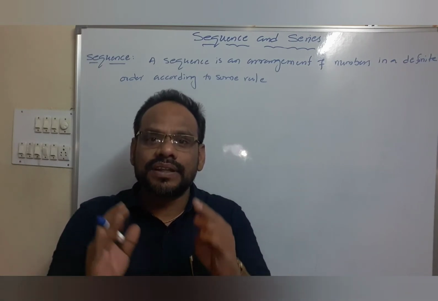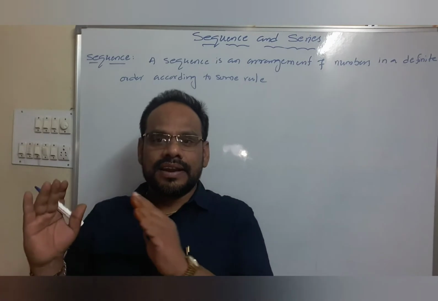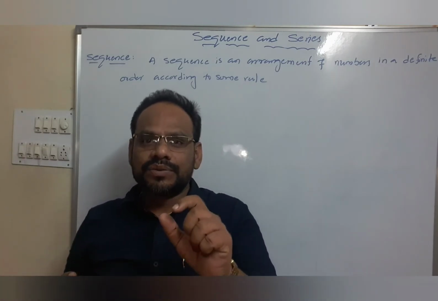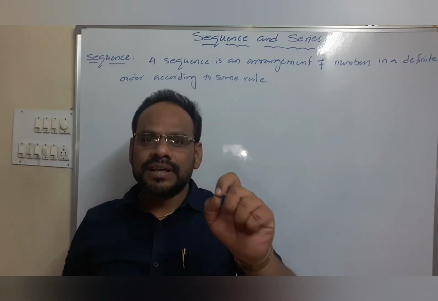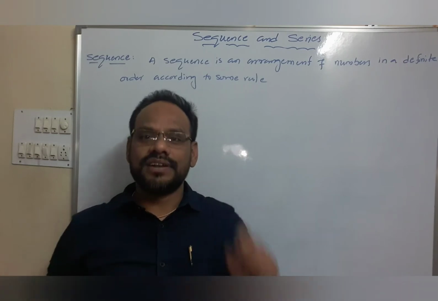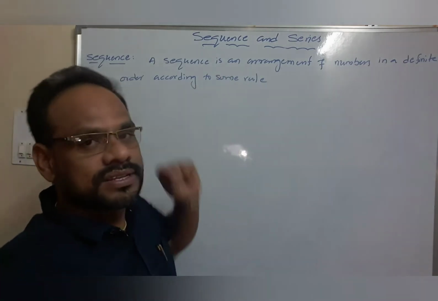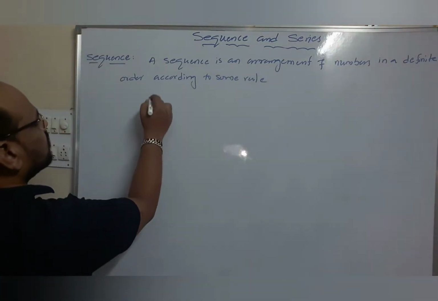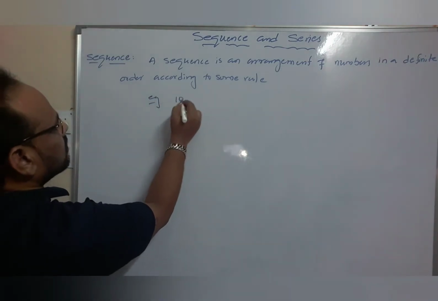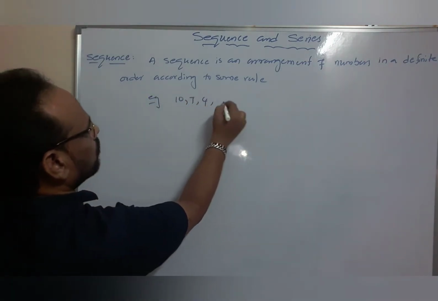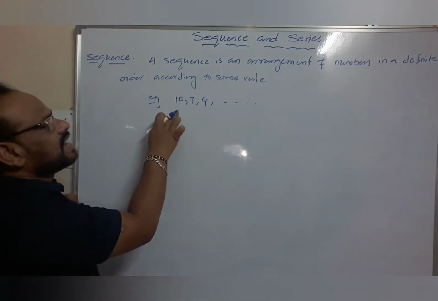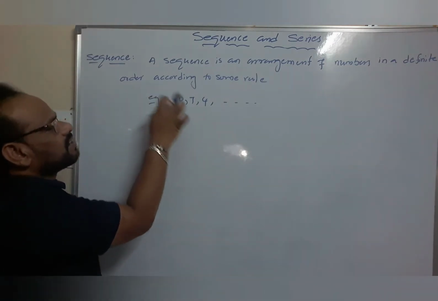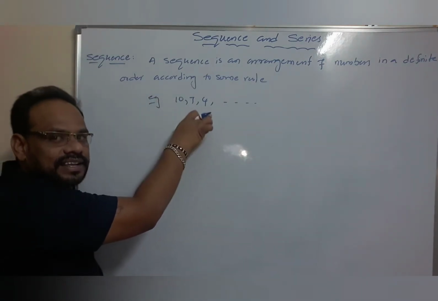Order is nothing but either ascending order or descending order according to some definite rule, means it follows some logical rule, then it is called sequence. Observe here example 10, 7, 4 and so on. It is arranged in a definite order, that is descending order.